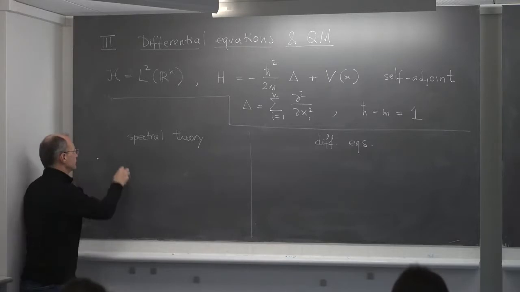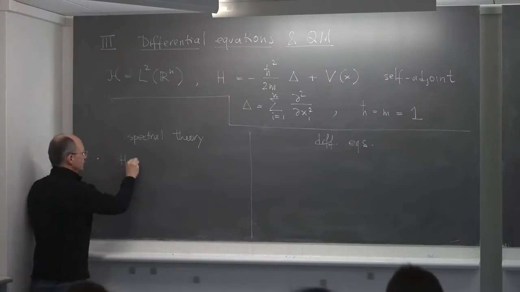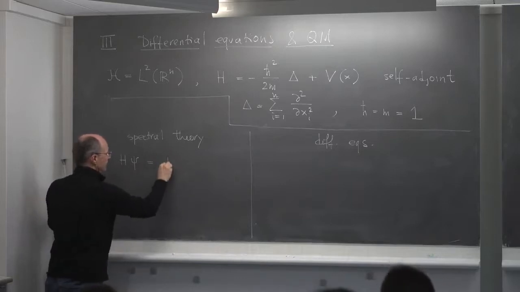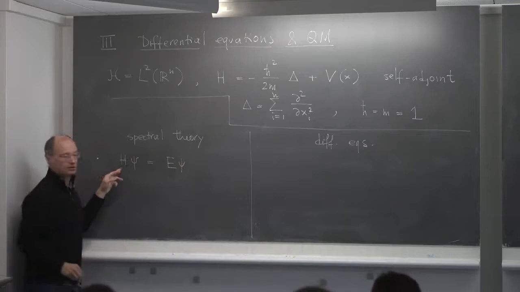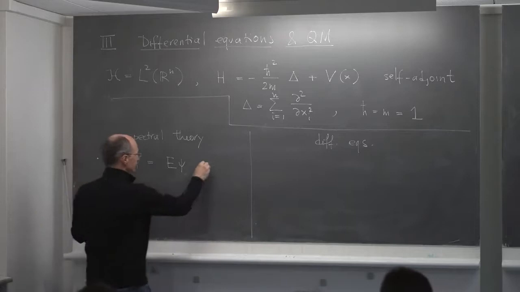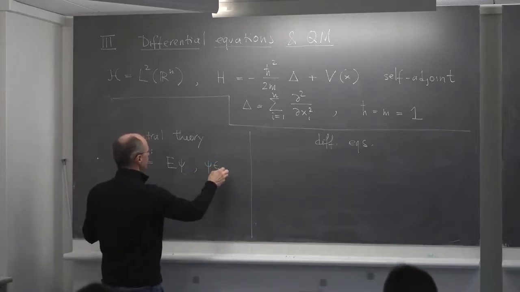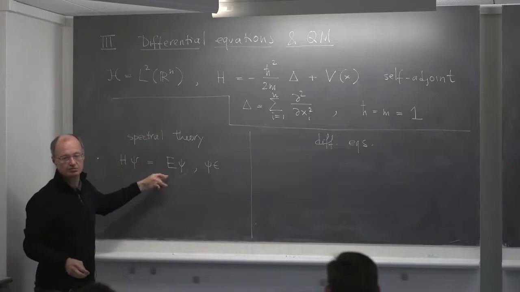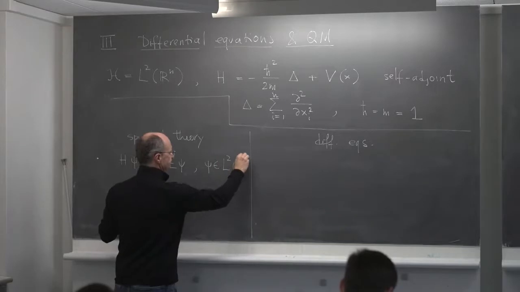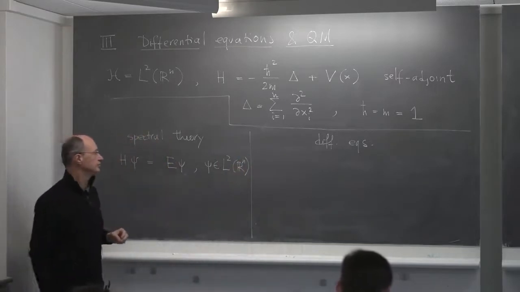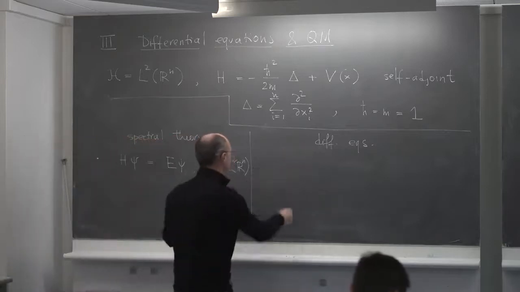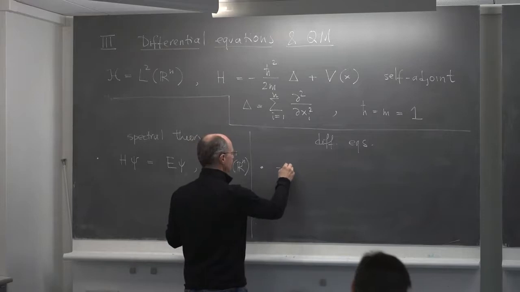So here in the spectral theory, one reasonable question that we can ask for is eigenvalues and eigenfunctions of the Hamiltonian, right? Here, the reasonable context for this question is psi in the domain of definition, whatever it is, of H, and in particular in L2 of Rn.